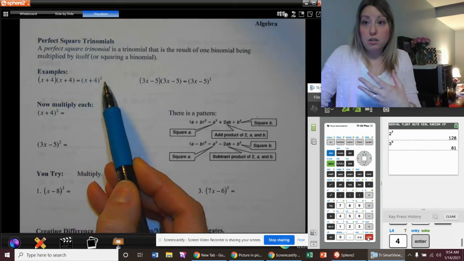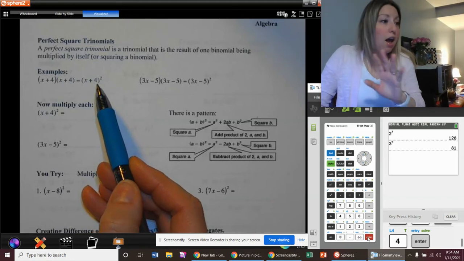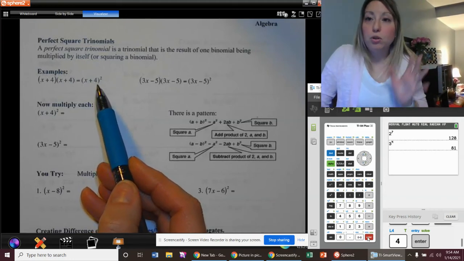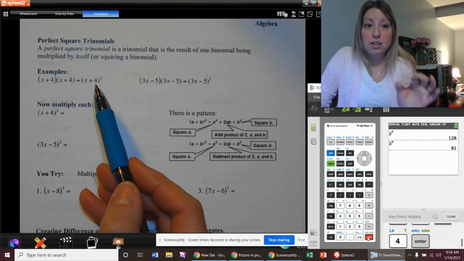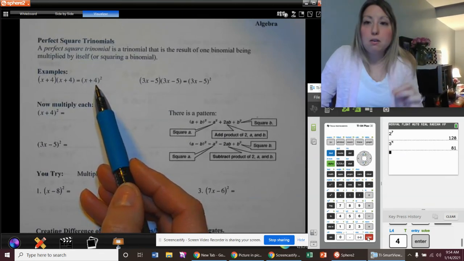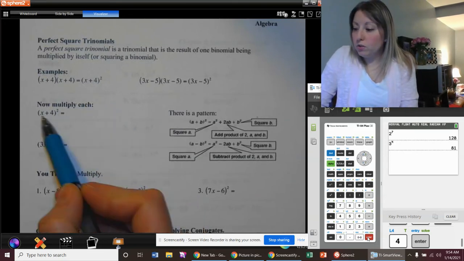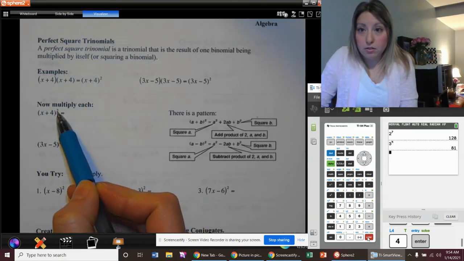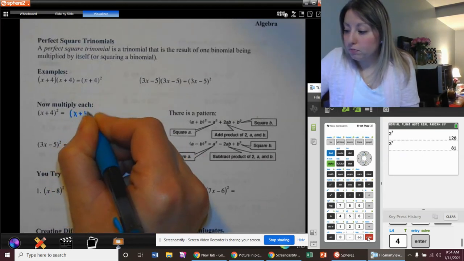Now, here's the deal, and this is after teaching for the last 16 years. Every single year, people do this wrong if they don't heed my big piece of advice, which is, if you see a binomial squared, write it out as the binomial times itself.